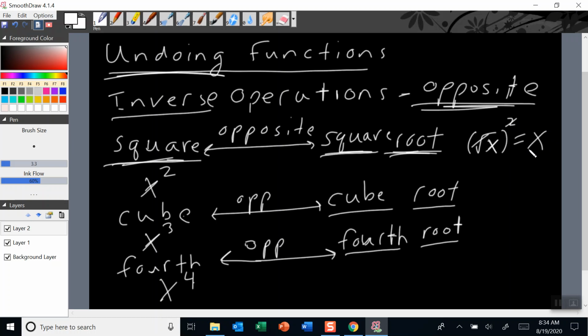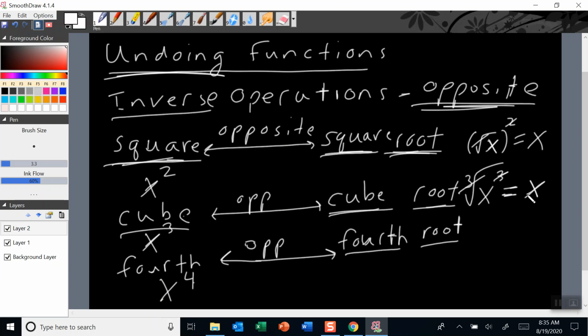Let's talk about, what if instead of starting out with a square root, what if we start out with an x cubed? Well, what's the opposite of a cube? We know it's a cube root. So, if I take the cube root of this whole thing, doesn't matter if it's on the outside of everything, the cube root and the cube cancel, and we're left over with simply what's on the inside, x.